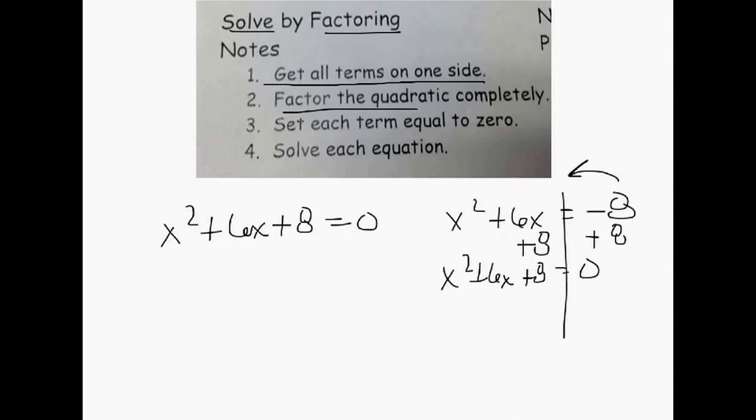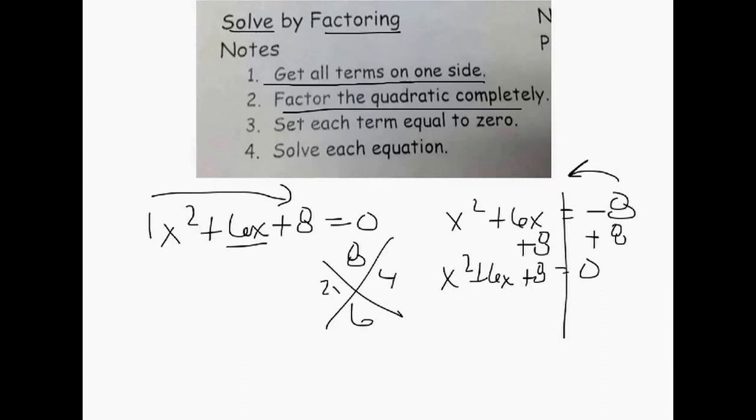Then we factor the quadratic completely. So once we do that, we're going to factor using the same process that we've been doing all year. What multiplies to be 8 and what adds to be 6? 2 and 4, that becomes x, that becomes x. And so this whole part right here is the factoring part.